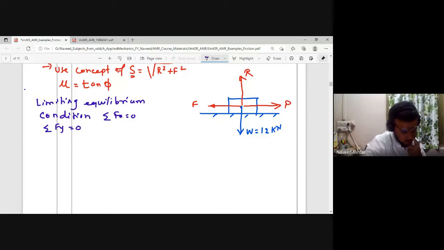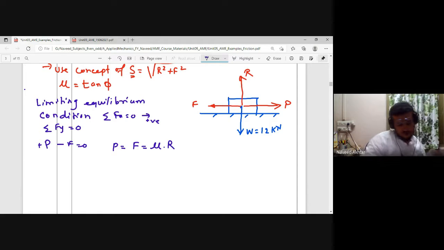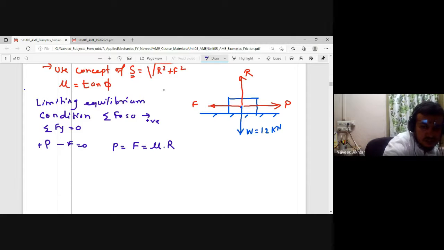If I take the summation of Fx is equal to 0, so right side positive, plus P minus F is equal to 0, that is P is equal to F, and F is equal to mu into R. But here the value of mu is given, that is 0.7, so we can write 0.7 R.